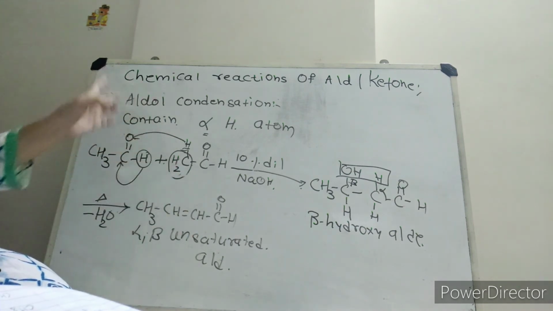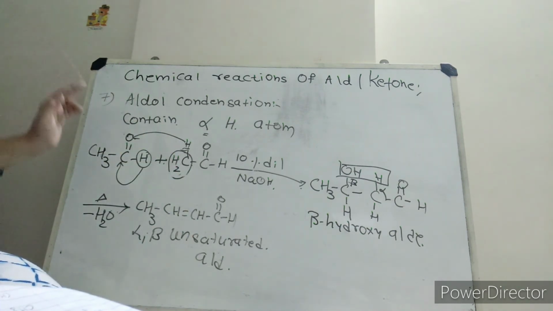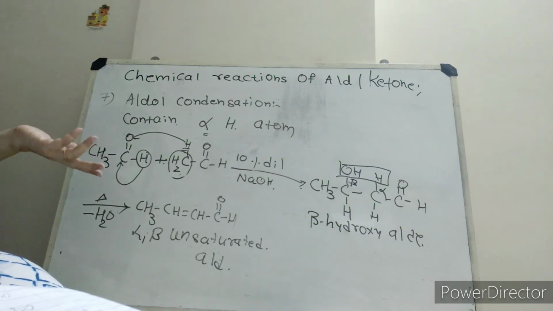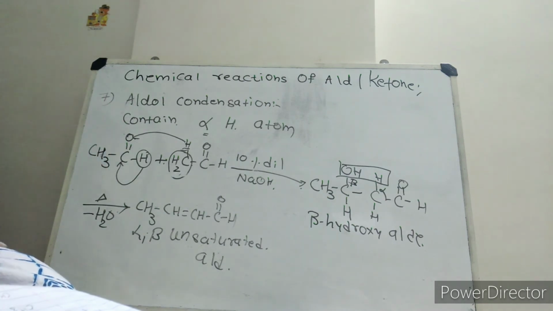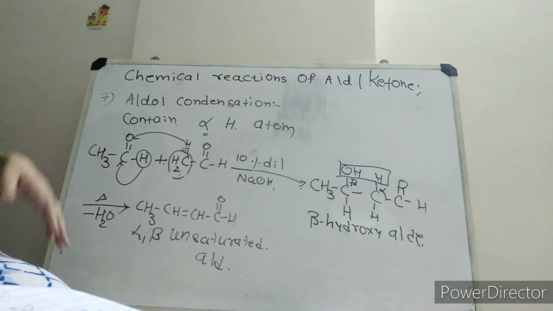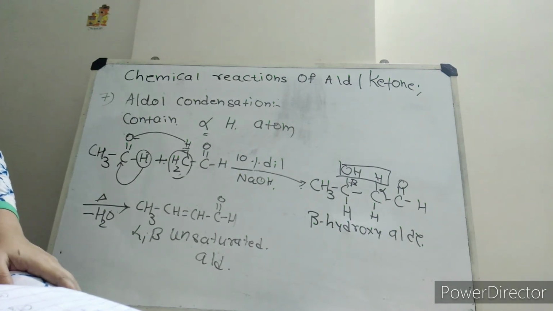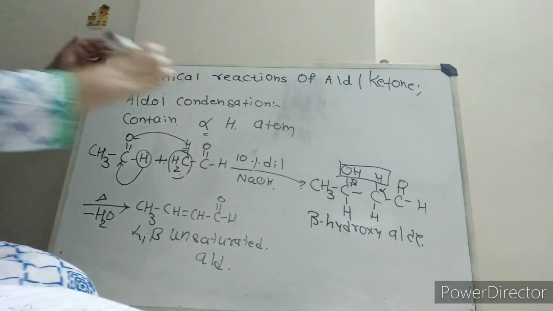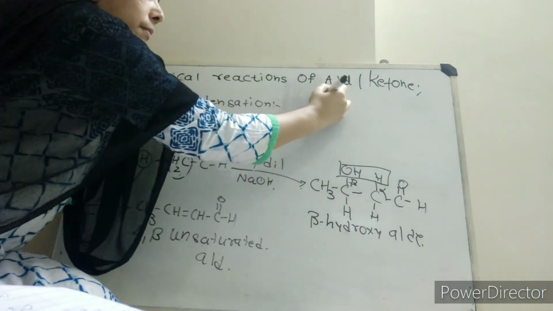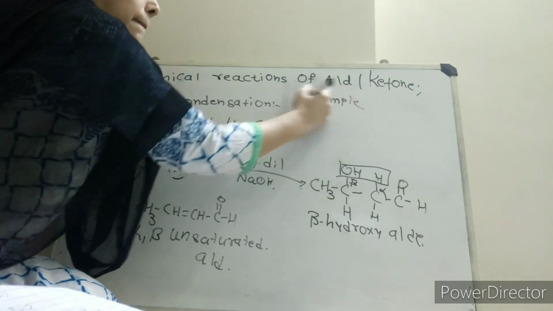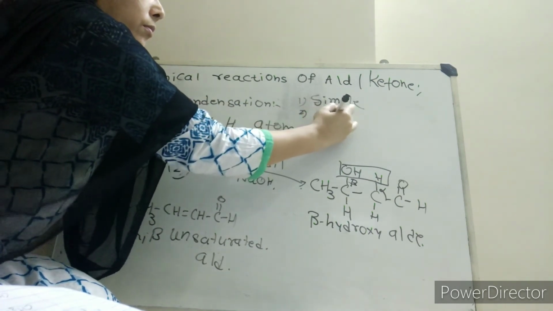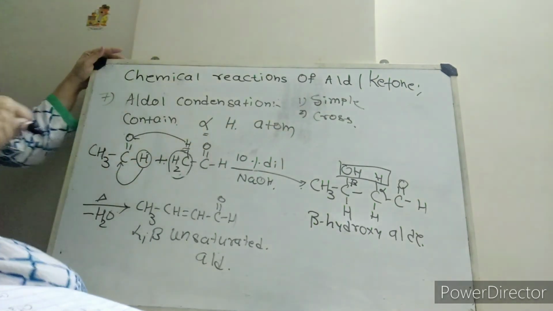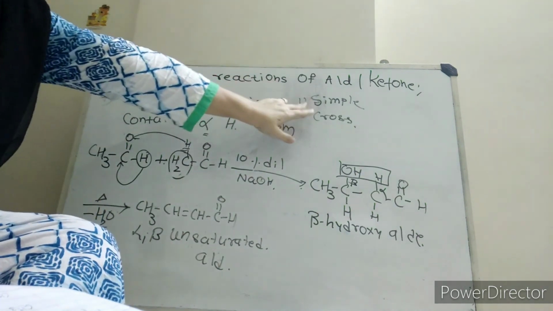So in this way, aldol condensation is again divided into two types: either the simple or the cross aldol condensation. What is the difference between these two?